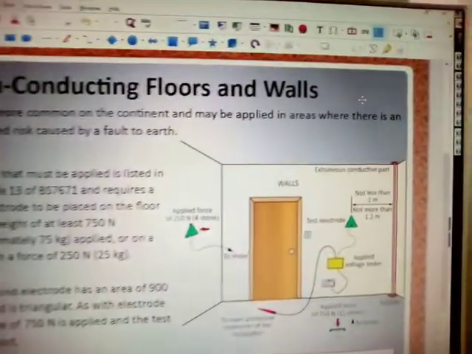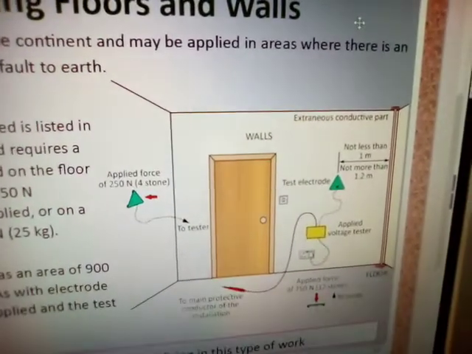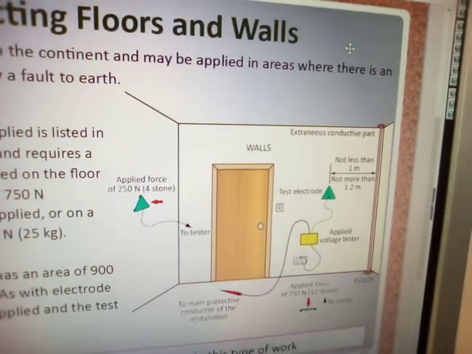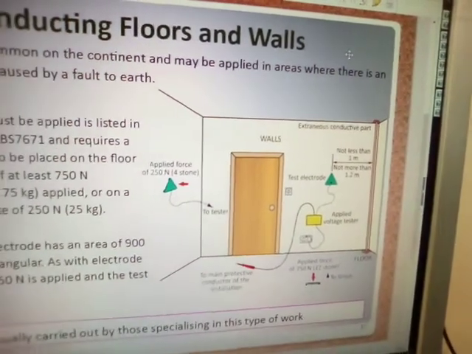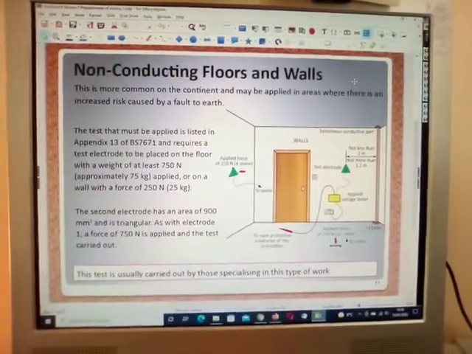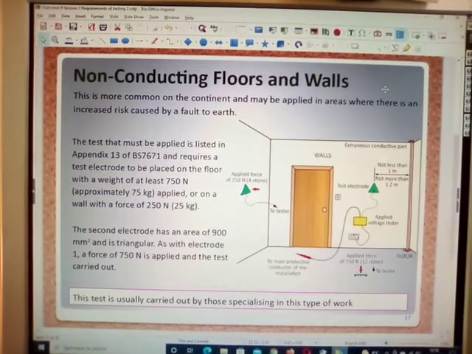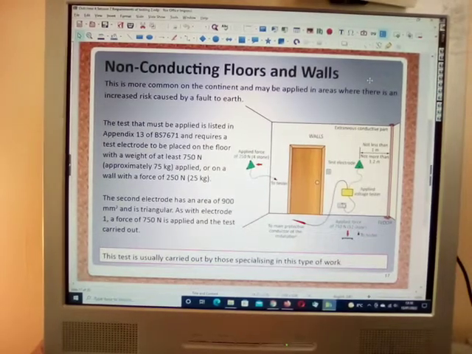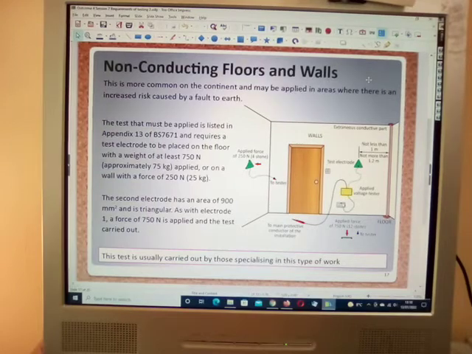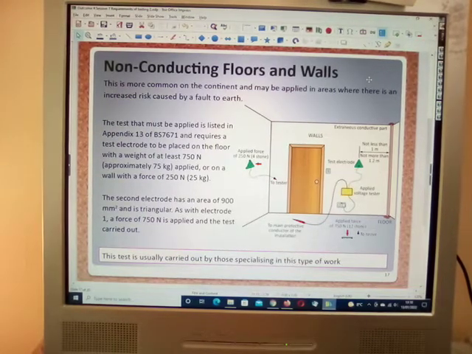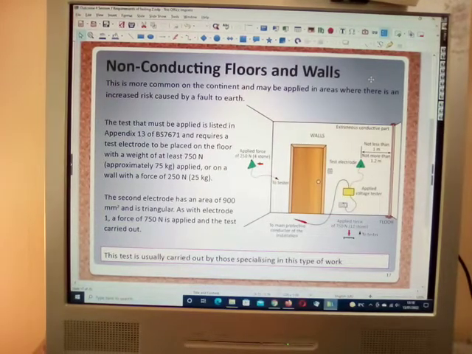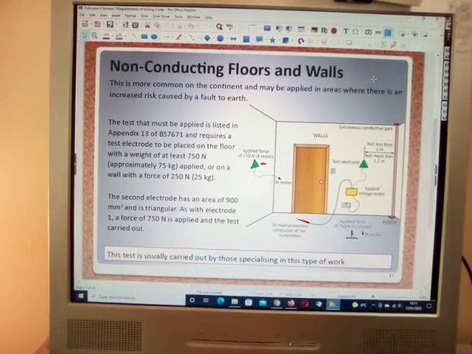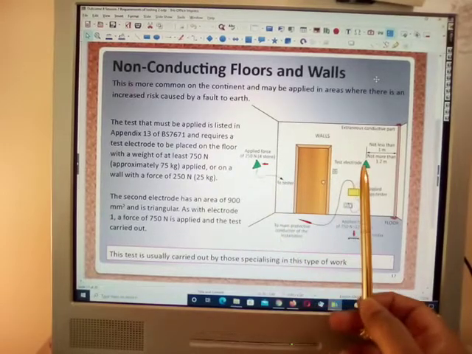And all we're showing you here is a test which should be carried out. These here would be your test electrodes.